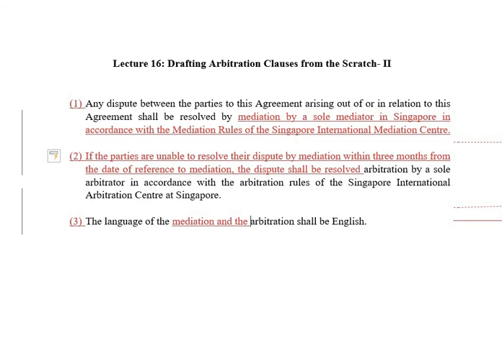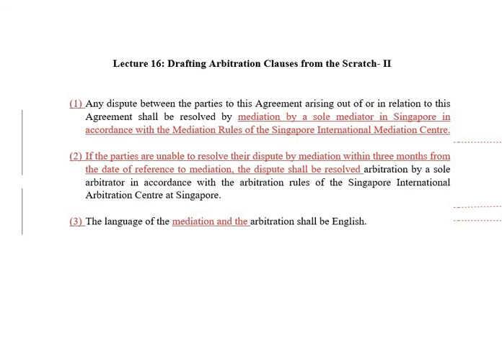With this, we complete the first other component, that is a multi-tier clause. This clause is good to go as it is, but to complicate the situation further, we would also like to add the excepted matters clause.